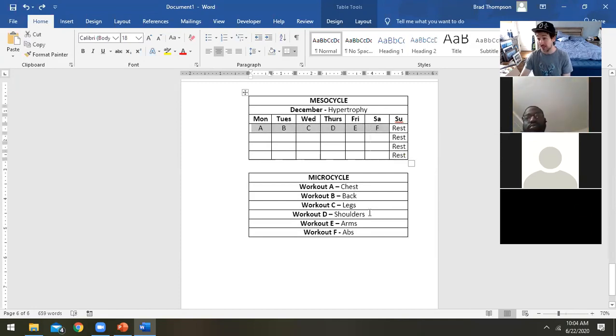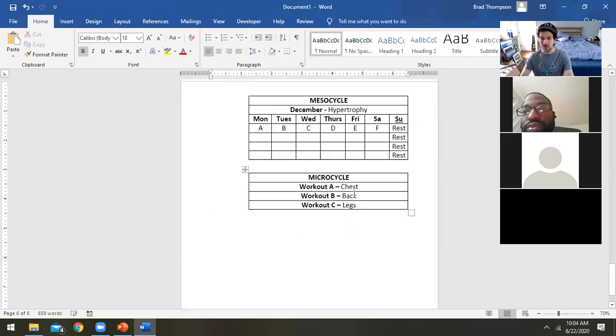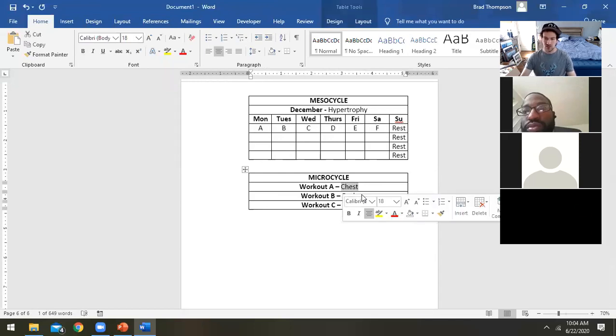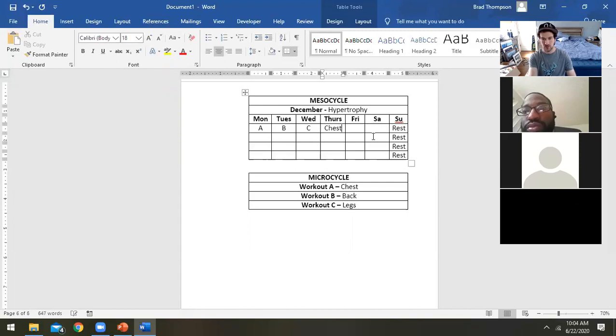If you want to have 6 days of lifting and no cardio, by the way, or maybe you're just doing 20 minutes of cardio at the end of all your sessions, what works a lot better is workouts A, B, and C, chest, back, and legs, and then you just repeat. And that's really good.